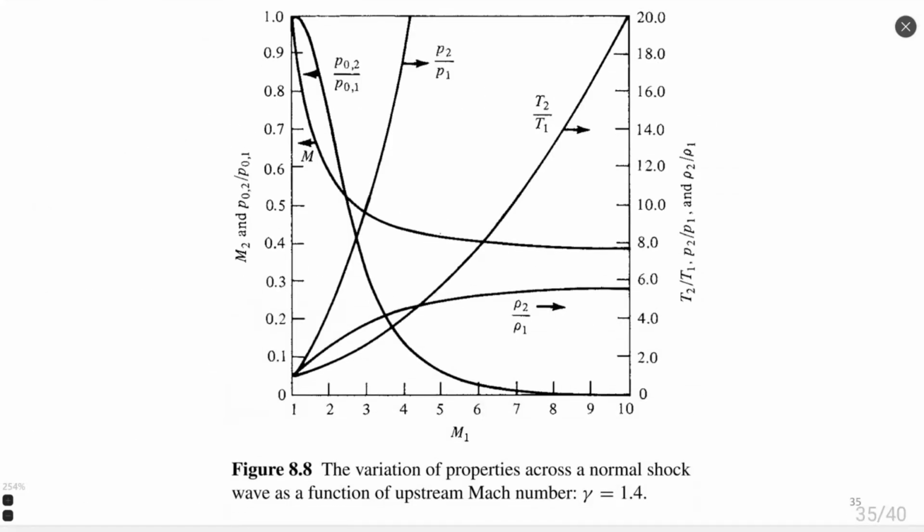Graphical representation of the functions we just discussed, transition on the normal shock wave. Here we can see M1, the Mach number before the shock wave, M2 and the stagnation pressure ratio on the other axis, and thermodynamic function ratios on the third axis.